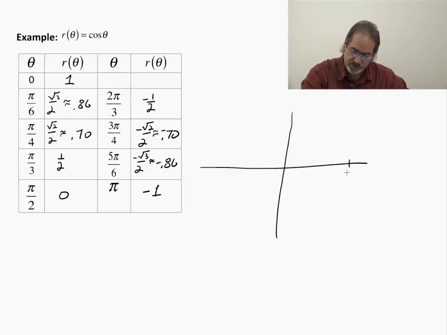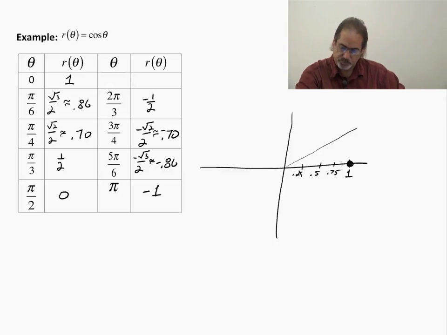Well, when theta is 0, I'm out here at 1. So I'm right there. At pi over 6, which is roughly here, I'm at 0.86. Let's see if this is 0.5, 0.75, roughly 0.25. Okay, so 0.86 is somewhere like in here.